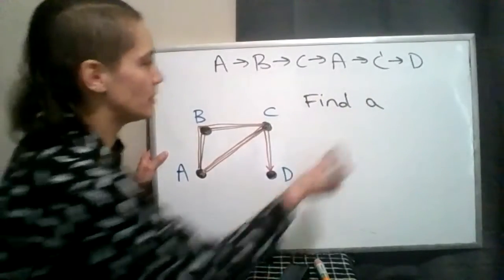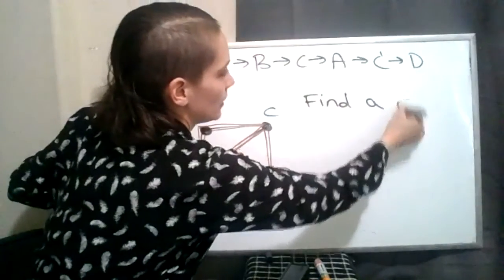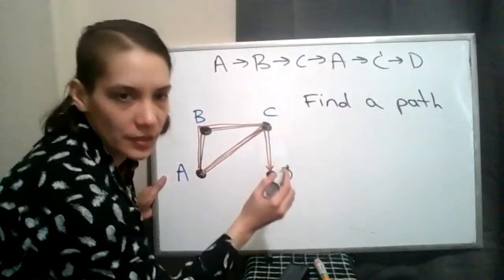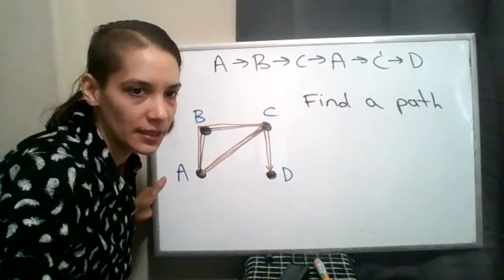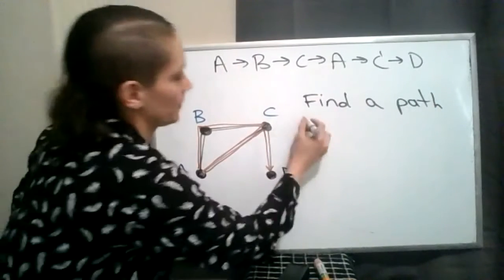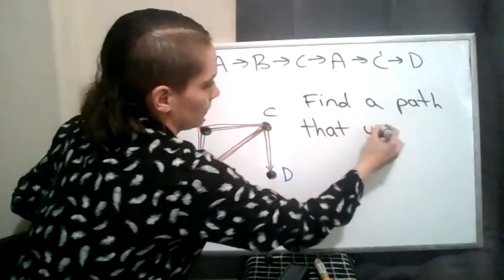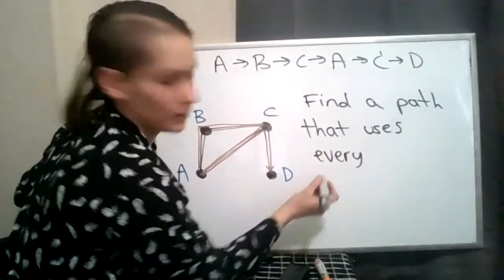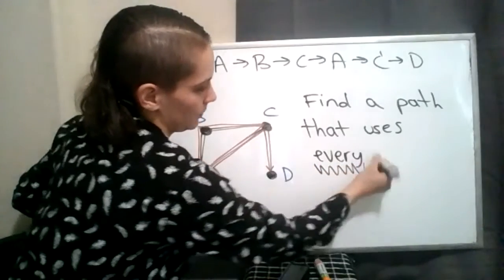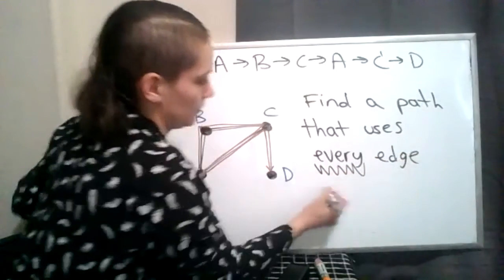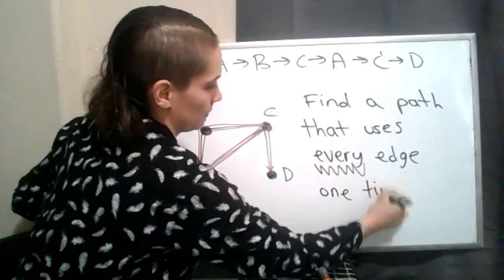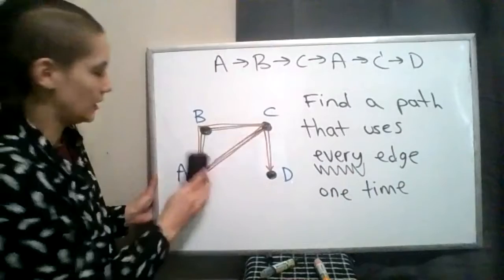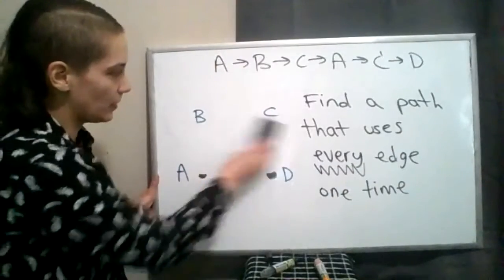Okay, so you have to use every edge one time, but also make sure that you use all of the edges. Okay, let's just clean this here. It's the same graph.